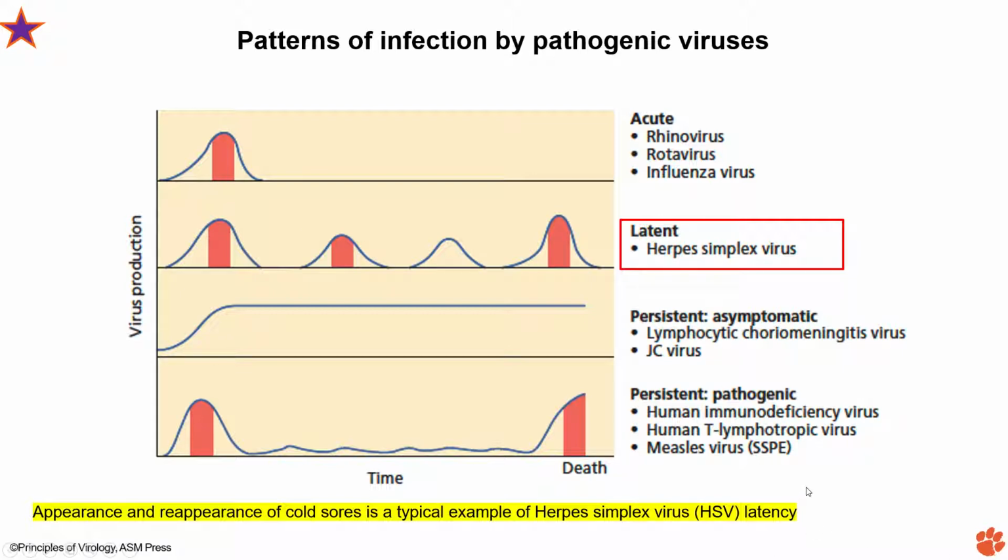It just tells you what happens, that the cold sore appears, and if we ask which of the following best describes the herpes simplex virus infection, we can give you acute, latent, persistent pathogenic, or persistent asymptomatic, something like this. Just remember that latency, or latent herpes virus, is the cause for this. All right.